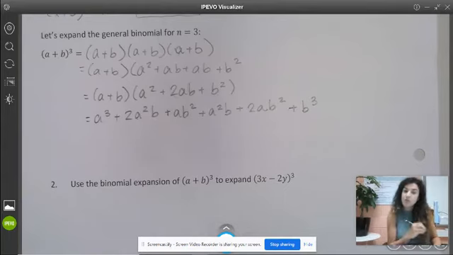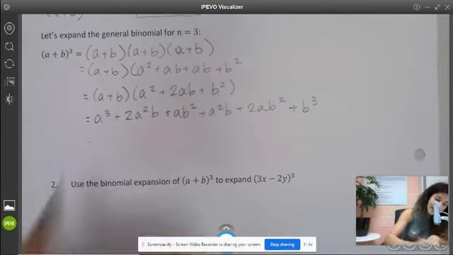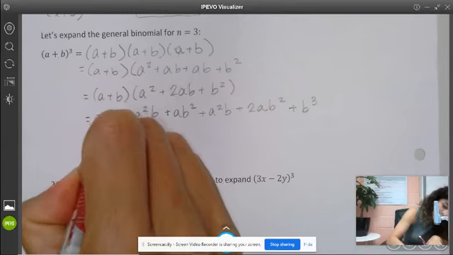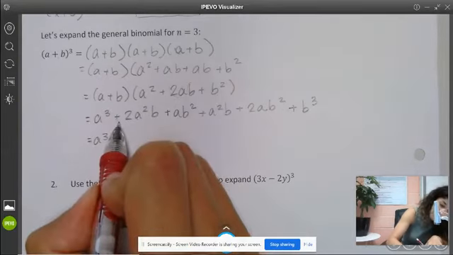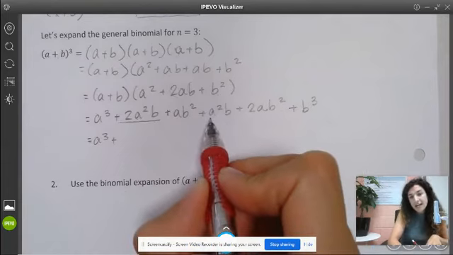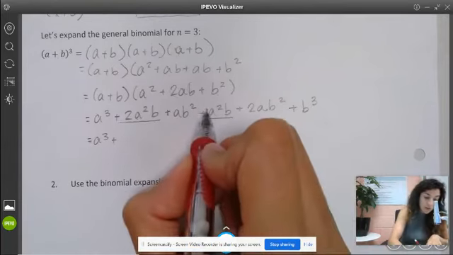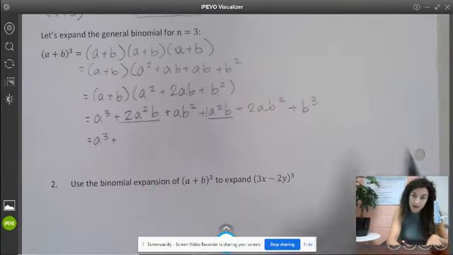So now that I've finished distributing it all, I need to combine like terms. So I've got a cubed plus, I've got an a squared b term, and then I have an a squared b term over here. Since there's no number in front, we know that it is a 1.